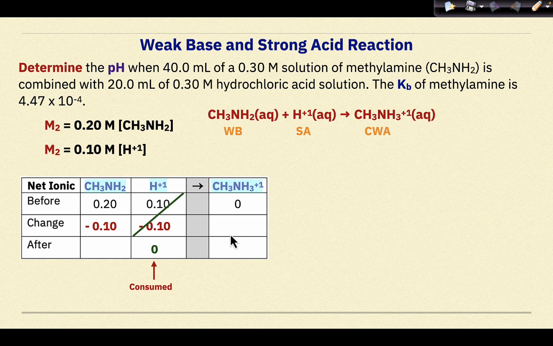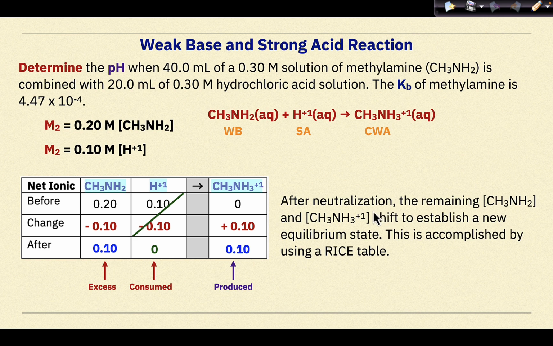That is why the value in the change section of the BCA table for CH3NH2 is equal to CH3NH3+. The amount of CH3NH2 remaining after neutralization is 0.10, which is in excess. The amount of CH3NH3+ produced is 0.10.